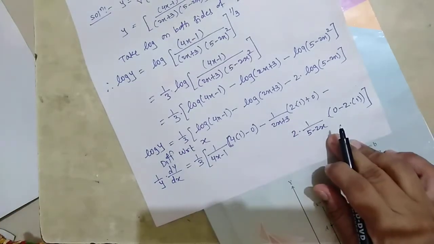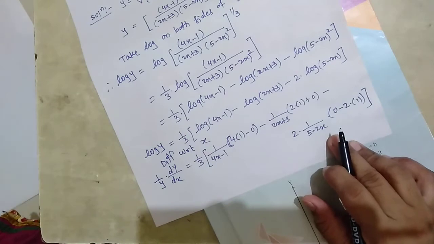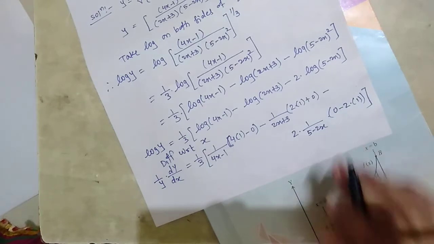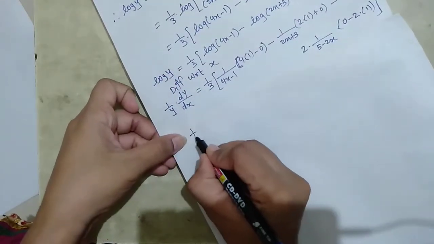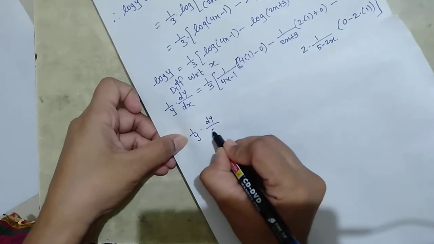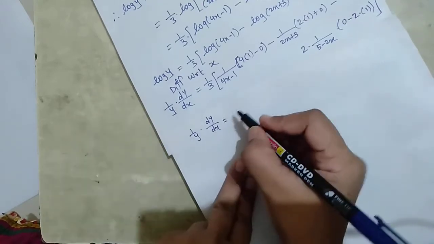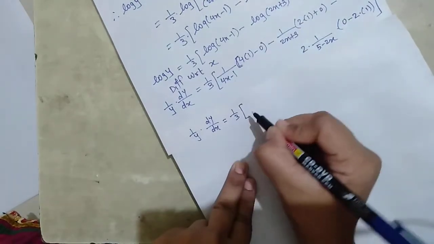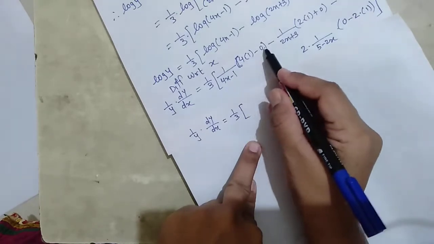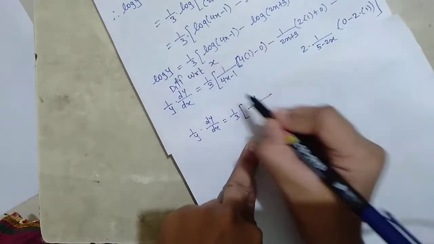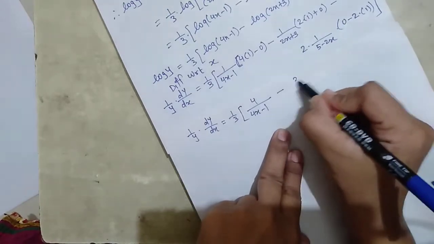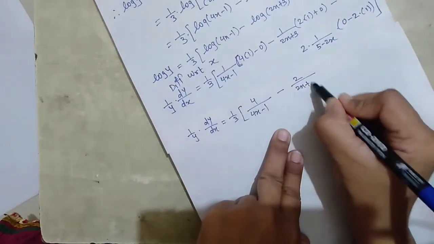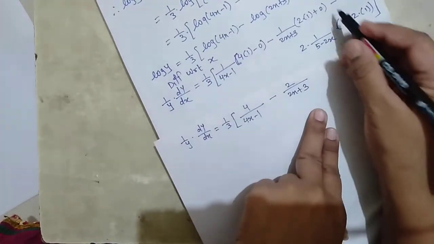Okay, so what is the next step? We will see the next step for this problem. So it is equal to 1 upon y into dy by dx. It is equal to 1 by 3 times 4 into 1, so it is 4 divided by 4x minus 1, minus 2 divided by 2x plus 3, minus of minus.